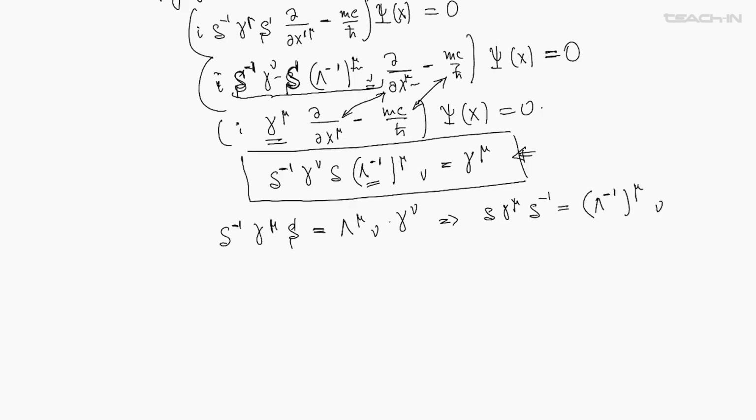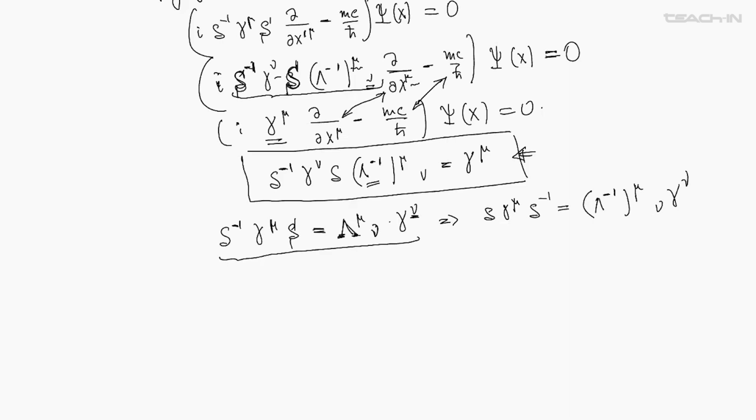So you can say that basically what you do here is you are transforming the index ν, as the index of a vector, with matrix Λ, the same as the index of a vector should transform under Lorentz transformation.